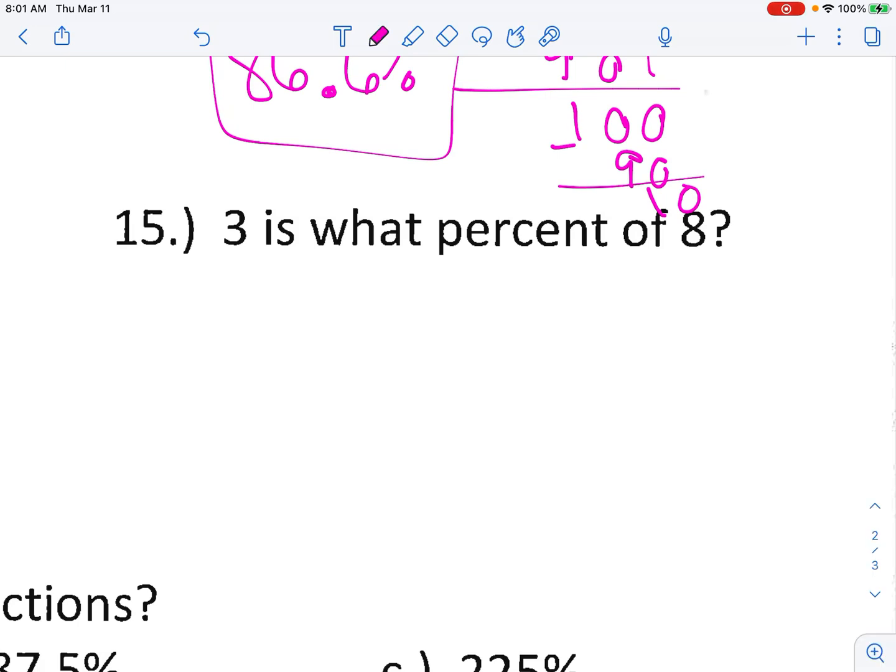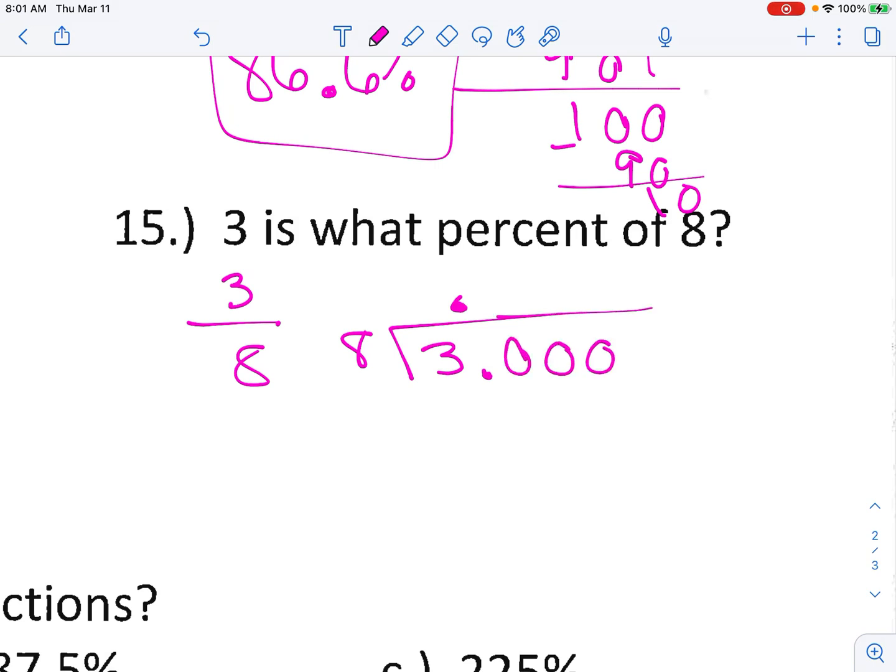3 is what percent of 8? So we're going to do 3 divided by 8. Add your decimals and 3 zeros.